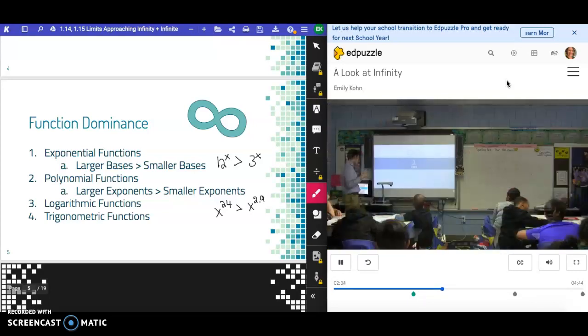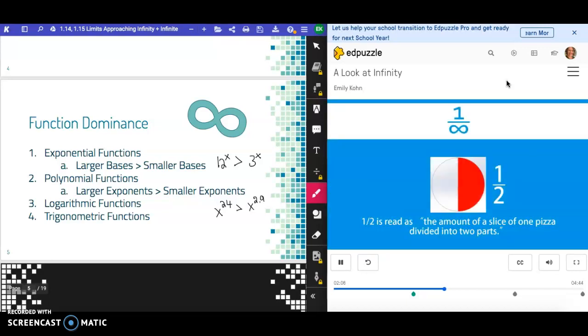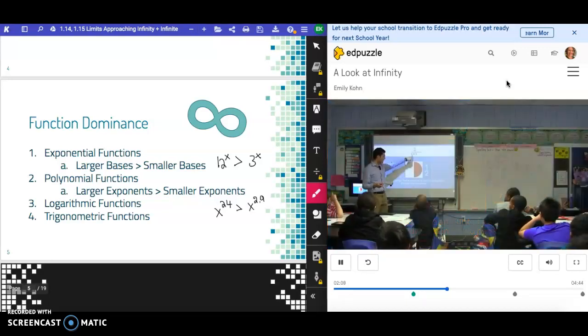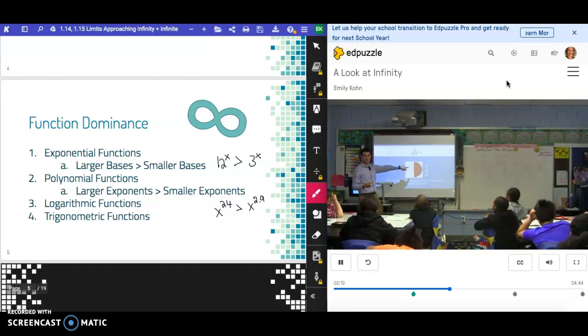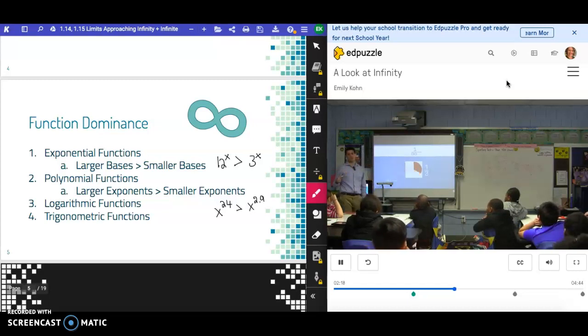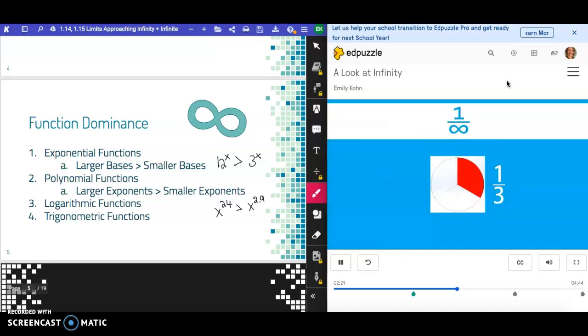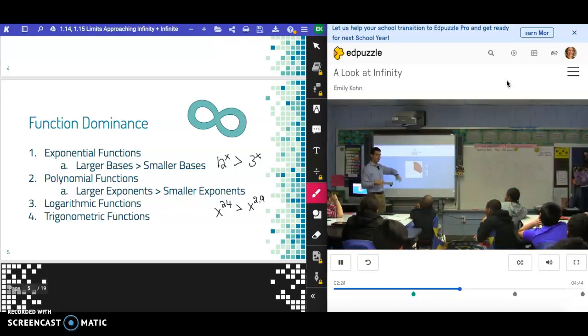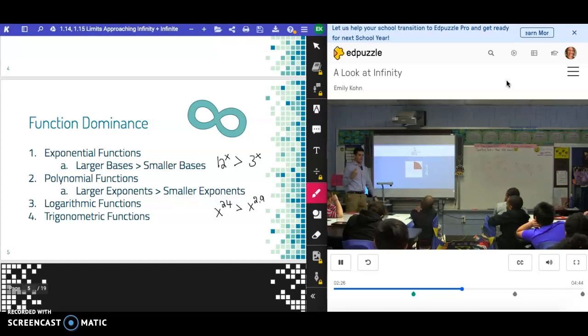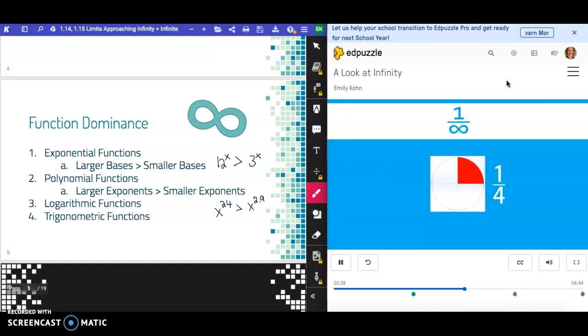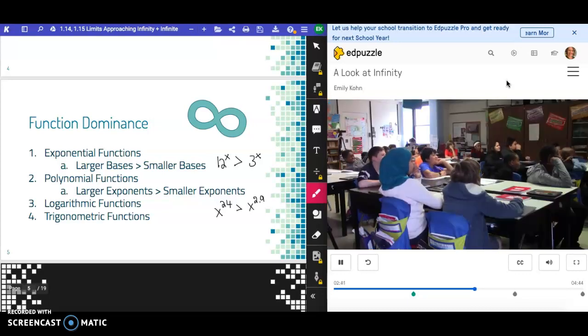So, now with that, let's talk about 1 over infinity. If I have 1 over 2, we have this one pizza, we cut it in half, and this red right here is the amount of my one slice. We all agree? Yes. So now let's go to 1 over 3. We have this one pizza, and we divide it into 3 equal slices. This red slice is the amount of one slice. And now if we divide it into 4, what do we notice? It gets even smaller, right? So when we have 1 over 5, it's a little bit smaller. Okay? 1 over 6. 1 over 15. Let's look at 1 over 80. Whoa! What would happen if we go to 1 over infinity?